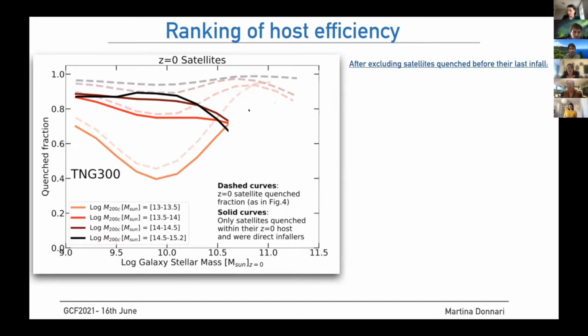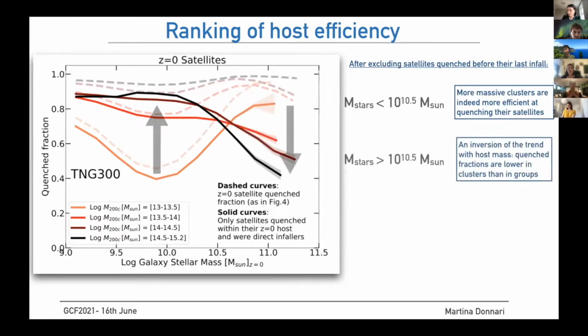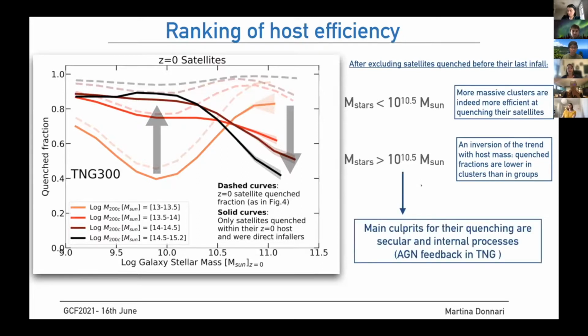And so basically you can see that again, for low mass galaxies, the ranking is preserved. So the more massive clusters are indeed more efficient at quenching their satellites. But for high mass satellites, and for high mass galaxies, we have an inversion of this trend, mainly due again to the AGN feedback. So the main culprit of their quenching is internal processes, which in TNG is mainly the AGN feedback.